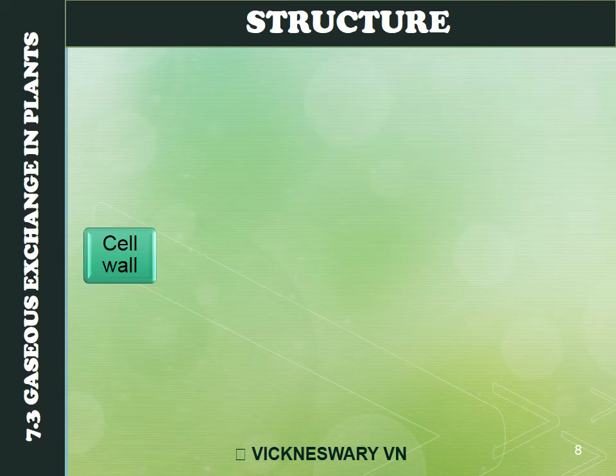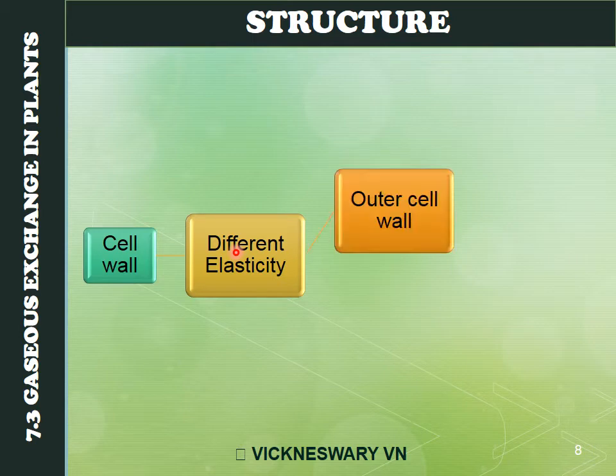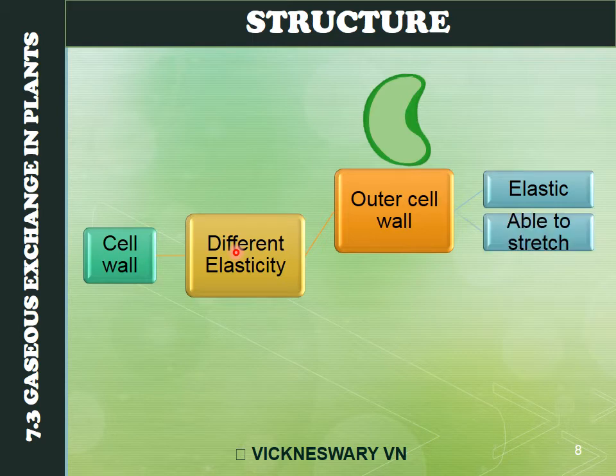Next, we look at the cell wall. You find that the cell wall of the guard cells have different elasticity. The outer wall you find is actually elastic, meaning that it can stretch. So you can see it can elongate, causing it to be able to bend outward like this.